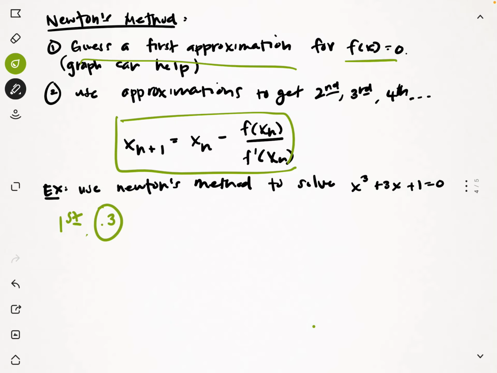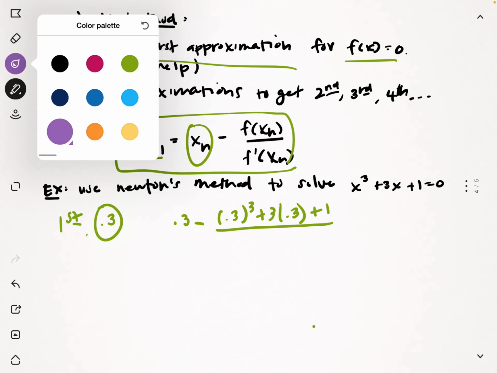Okay, so what we're going to do is x of n plus 1. So we're trying to find the next one, right? N plus 1 means we're doing the next one. We already have the first one. So we're going to start with 0.3. That's our x of n, minus f of x of n. So we're going to do 0.3 cubed plus 3 times 0.3 plus 1 over f prime, so let's use purple.